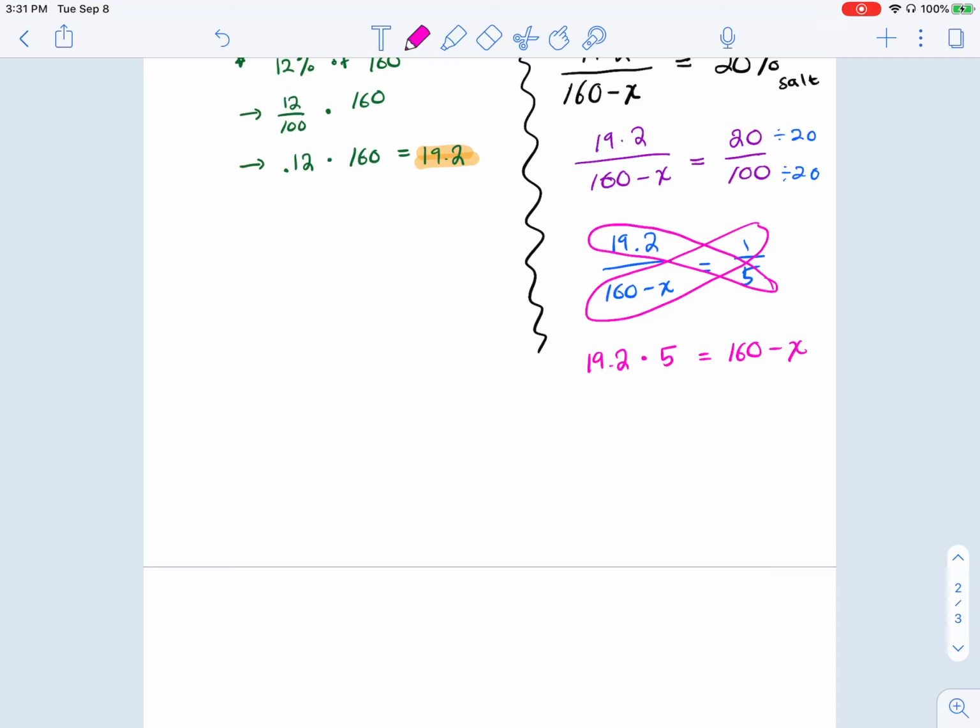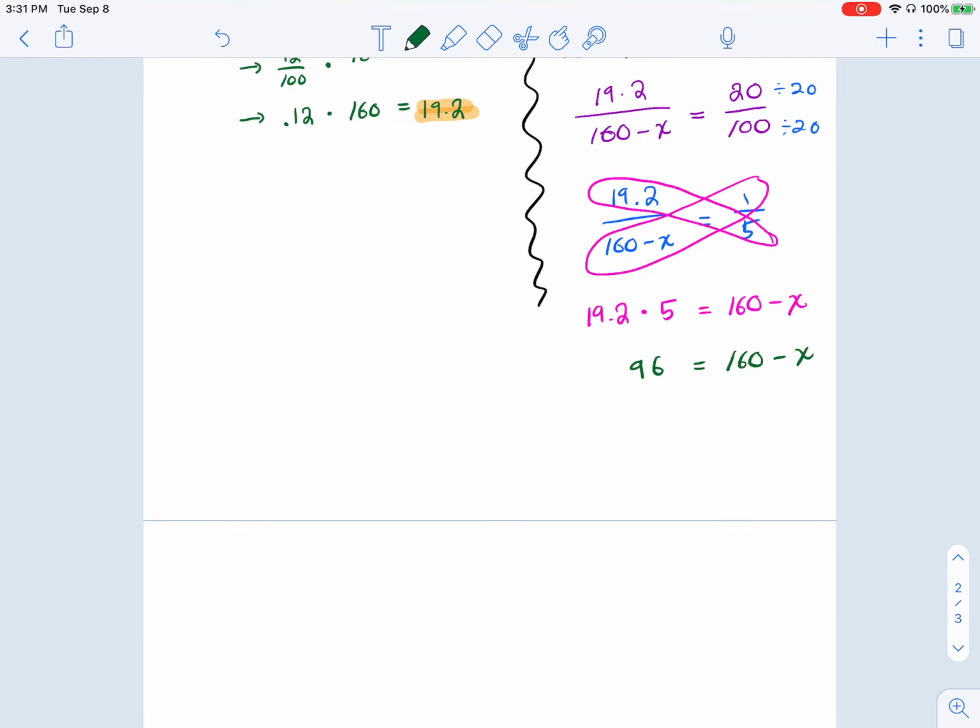So that doesn't change. So let me just grab my calculator here and do 19.2 times 5. Then I get 96 is equal to 160 minus x.